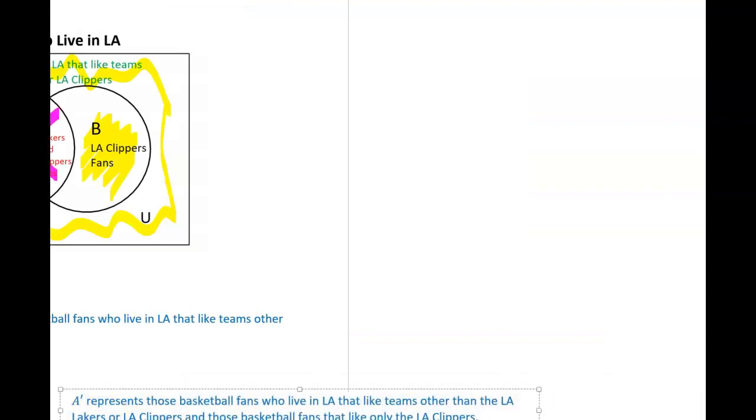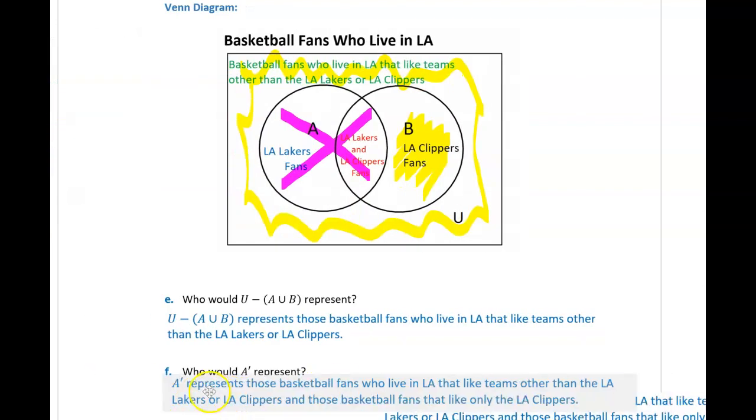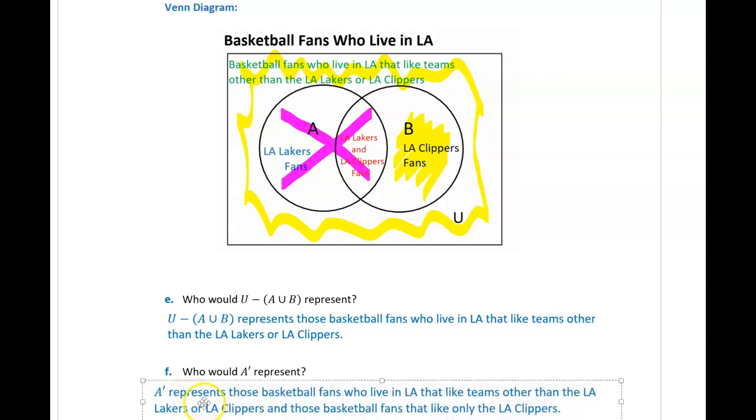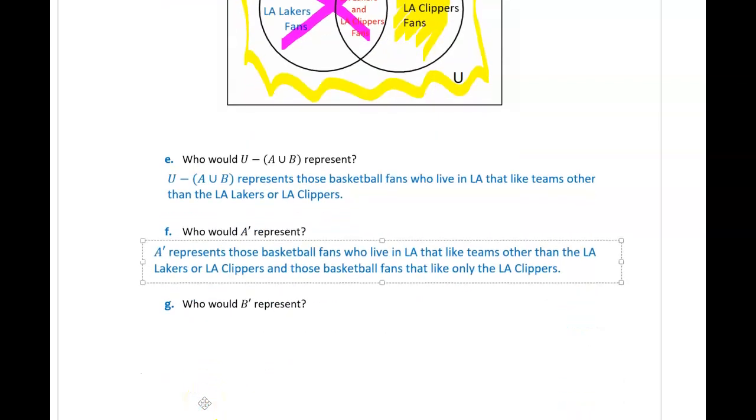So A complement would represent those basketball fans who live in LA that like teams other than the LA Lakers or the LA Clippers, and those basketball fans that like only the LA Clippers.